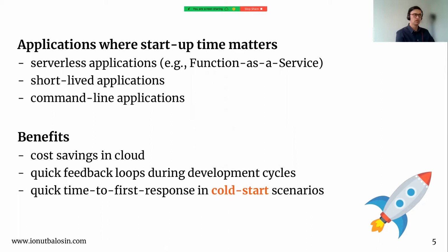And why I'm talking about serverless and function as a service, because I always found in practice a good mix, integrated, for example, function as a service in your architecture where it makes sense. So this is basically cost savings, but also you can have, for example, a quick feedback during deployment cycles if your JVM starts faster.